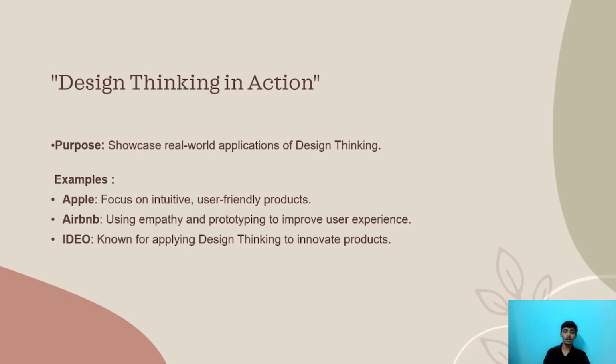They continually refine their platform and provide a seamless experience for hosts and guests. IDEO is a global design firm known for pioneering design thinking. They have used this approach to design innovative products across multiple industries, from healthcare to consumer goods.